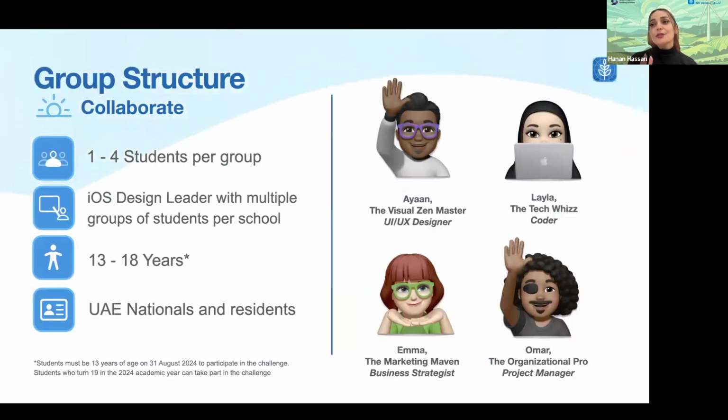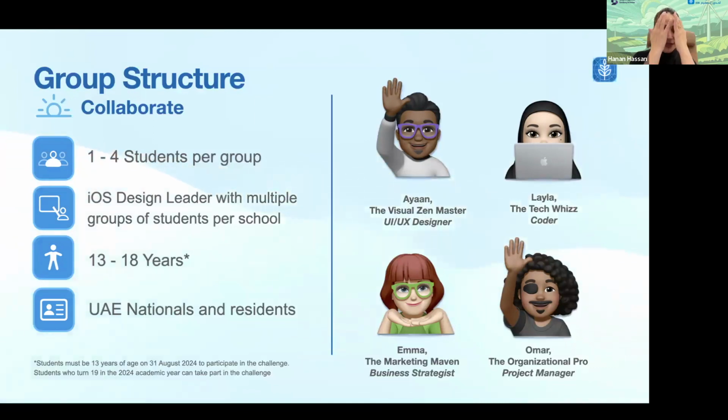Now, I would like to talk about the group structure. Each group should consist of 1 to 4 students. That means 1 student can participate, or 2, 3, or 4 students can be in one group. We cannot have more than 4 students.